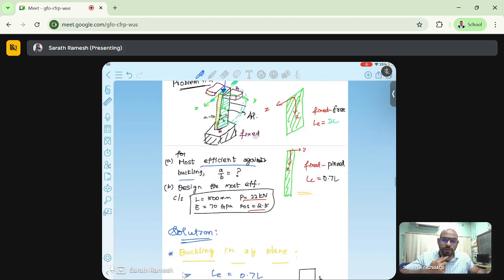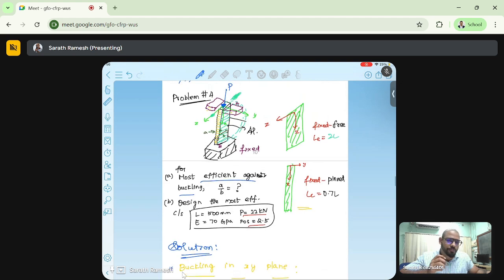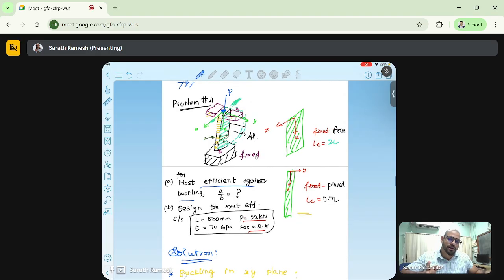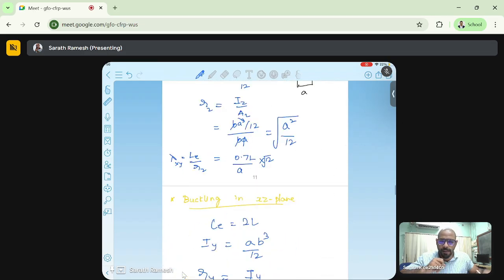And we saw an interesting problem where we had a different boundary condition in one plane of symmetry and totally different boundary condition in another plane of symmetry. So we have to be cautious while applying the formula, the effective length values, right?